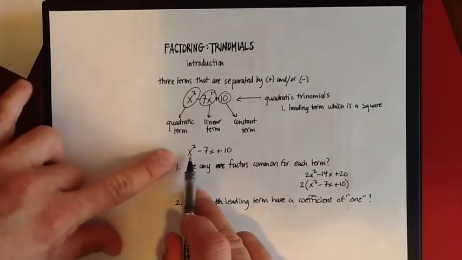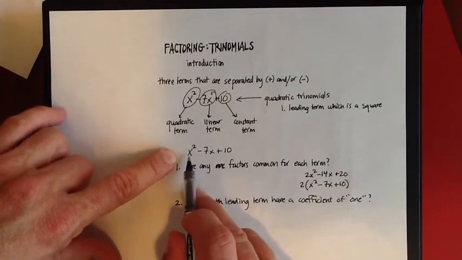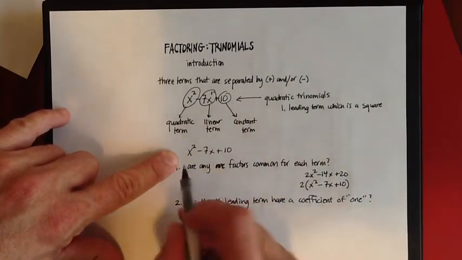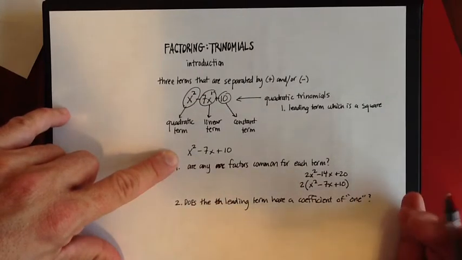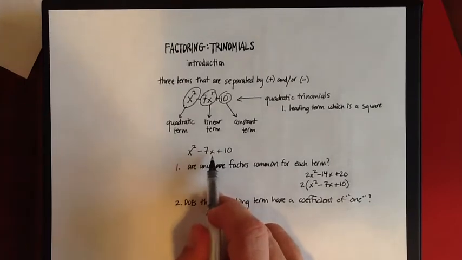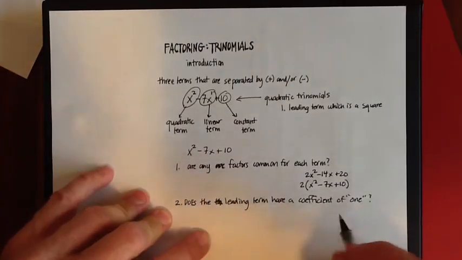Now, again, let's look at this particular leading term. Notice that there is no number in front of the x squared. The number in front of the variable is actually called the coefficient. And here the answer is yes, it does have a leading coefficient of 1. Now that's going to let me go through a different series to factor this particular trinomial.